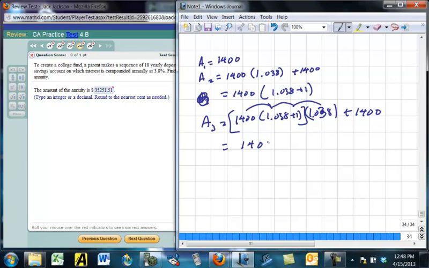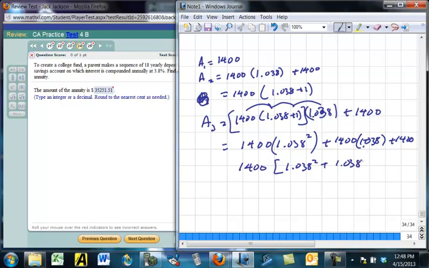So it's 1,400 times 1.038 squared plus 1,400 times 1.038 plus 1,400. Or actually, let's leave the 1,400 out. That's 1.038 squared plus 1.038 plus 1.